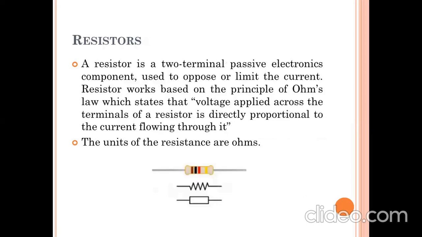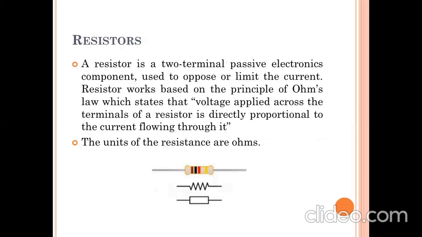Let us first see the different types of passive components. The first type of passive component is a resistor, which is a two-terminal device used to oppose or limit the flow of current.